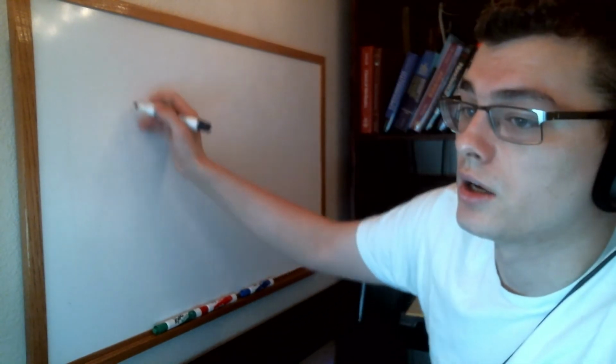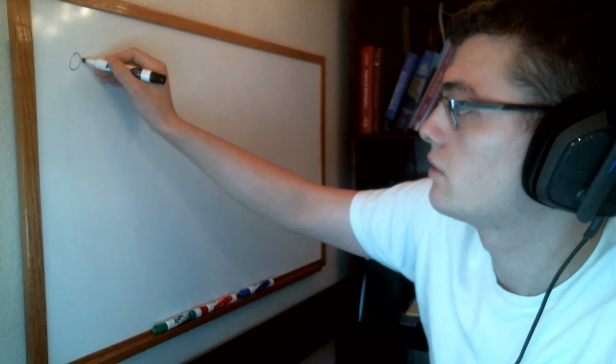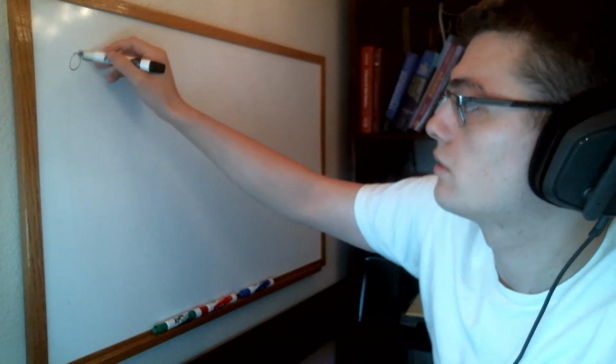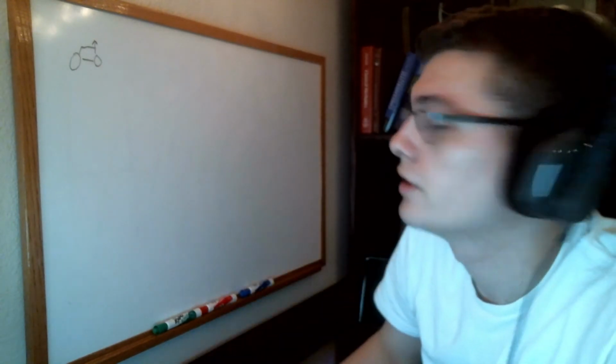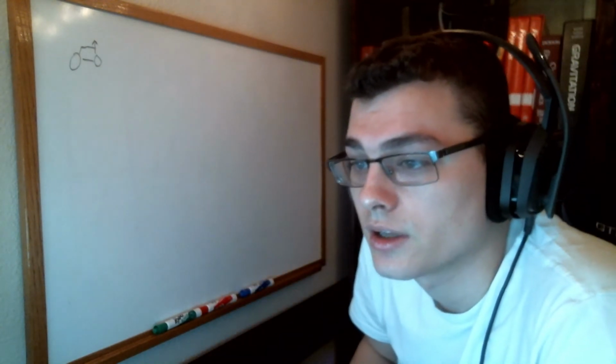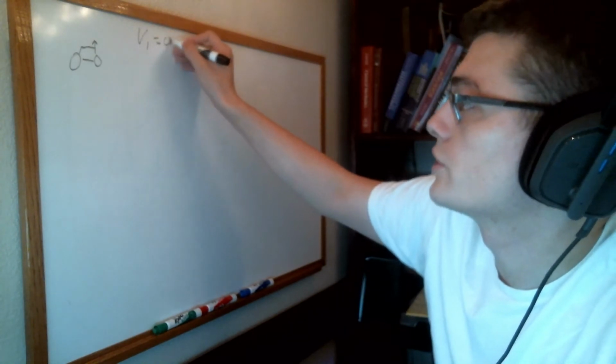Okay, so our next problem gives us a bike, and I'm going to do my best to draw a little bike here. It says that it's initially at rest, so vi equals 0.